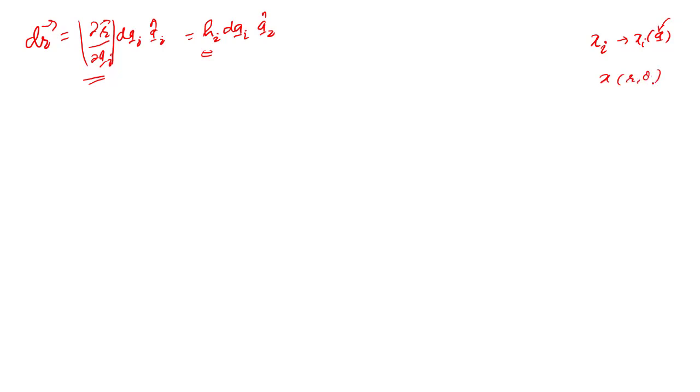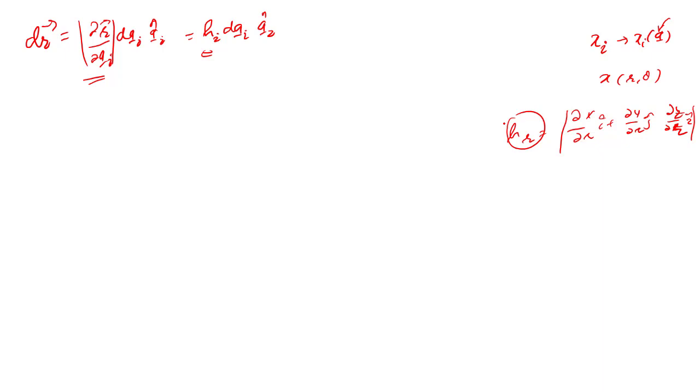And from there, by knowing dou x by dou r, dou y by dou r, dou z by dou r, for example, you could figure out what would be the scale factor for HR. So the scale factor for HR was simply the magnitude of this, right? So figuring out the scale factors is easy that way, by knowing the relationship between x, y, z and r theta phi or any other generalized coordinate system.